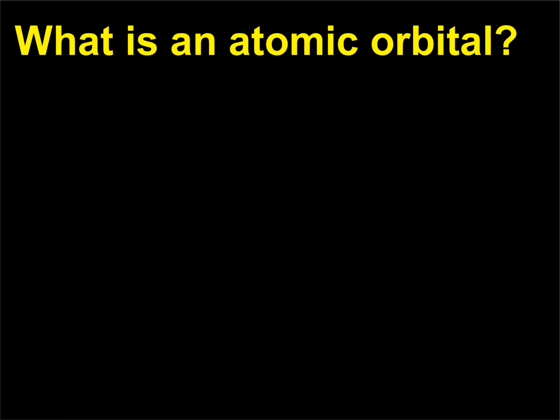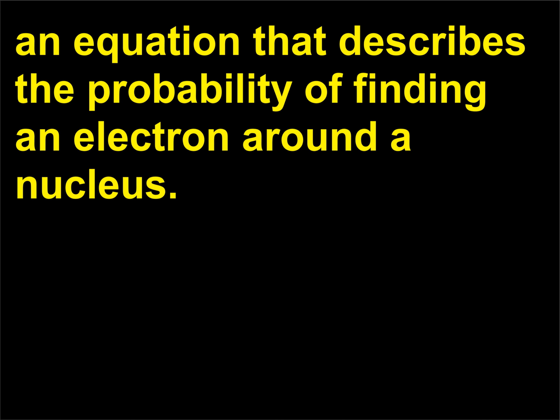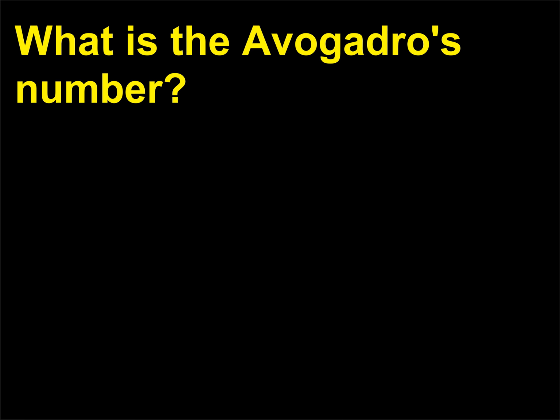What is an atomic orbital? An equation that describes the probability of finding an electron around a nucleus. What is Avogadro's number?